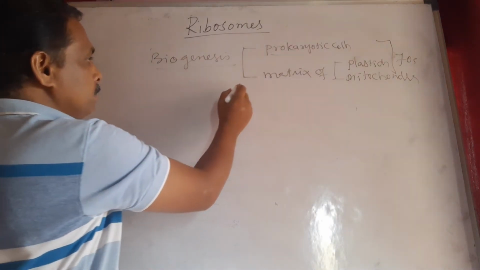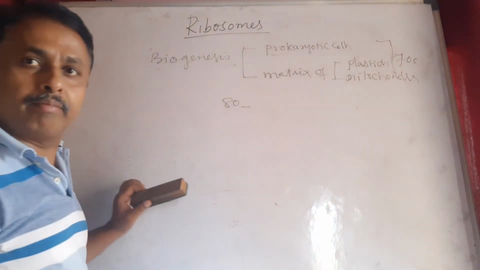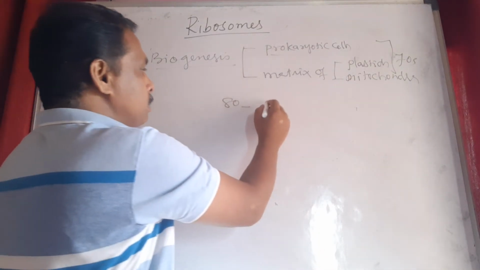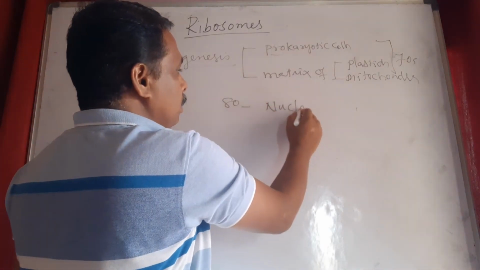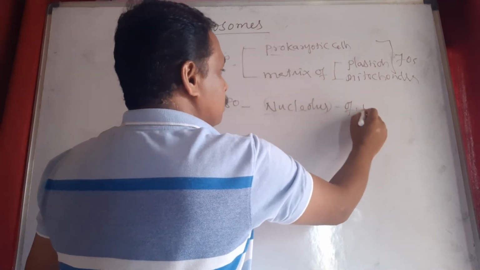And 80S type ribosomes are formed by the nucleolus of eukaryotic cells.